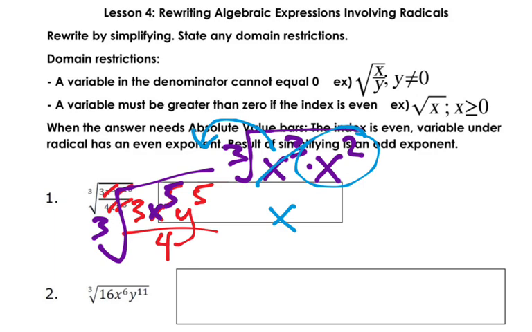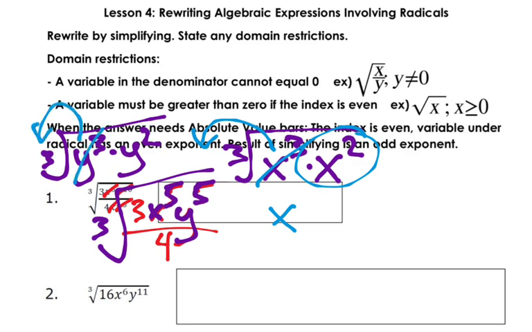The exact same thing is going to happen with the y to the 5th power. We are taking the cube root of y to the 5th, which can be expressed as y cubed times y squared. And again, we are taking a single y out of the cube root sign because we could make one grouping of y cubed. So there is a single y that comes out.